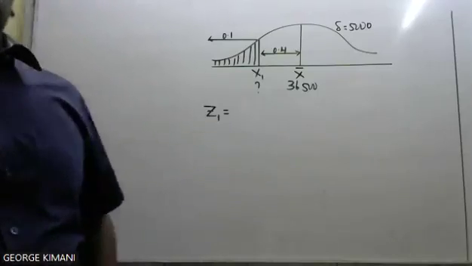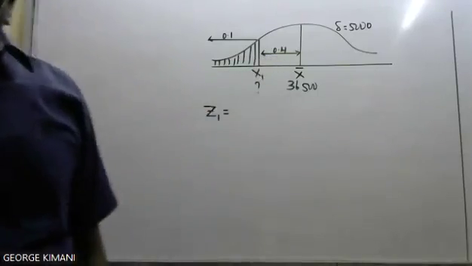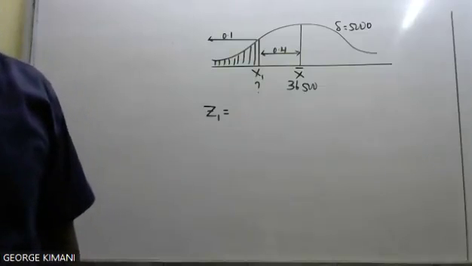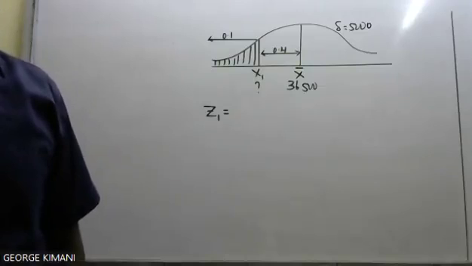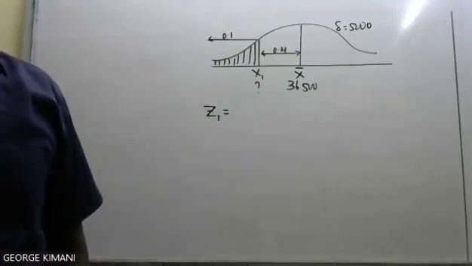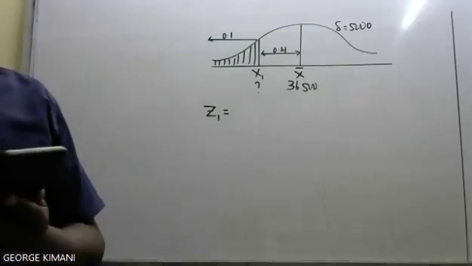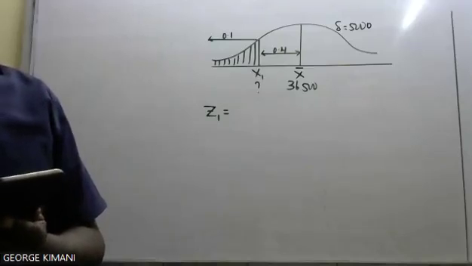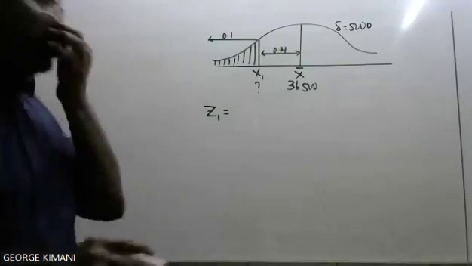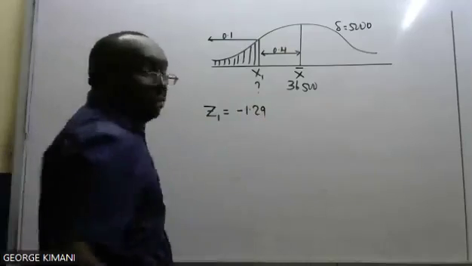I'm waiting to get the value for Z1 after 0.4 in the tables. Yeah, I can see 1.29, but because we are on the negative side, that should be given as negative 1.29.